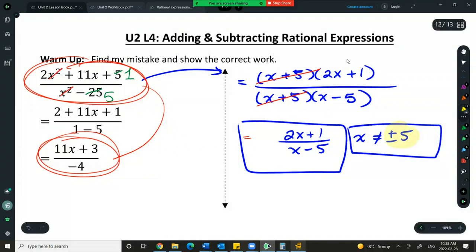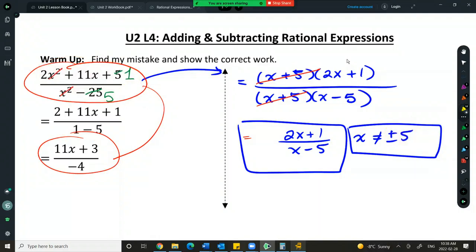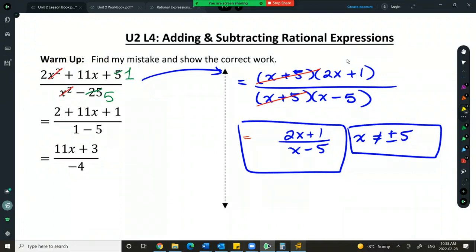So if I were to choose positive or negative 5 to try and check my answer here, I actually would have gotten an error because I would have made the denominator 0, and then my calculator tells me math error. So I cannot choose a restriction to plug in to check my answer. That's one thing that we didn't mention when we were talking about equivalent expressions. So don't choose a restriction, choose something else.